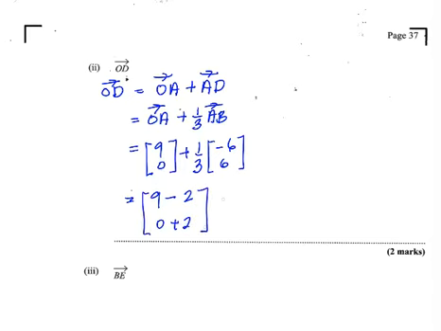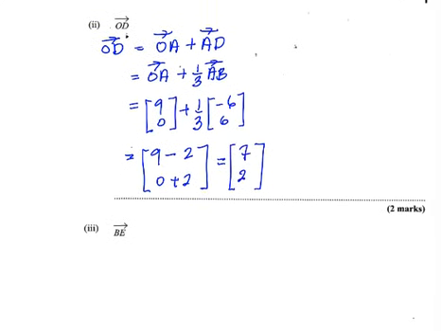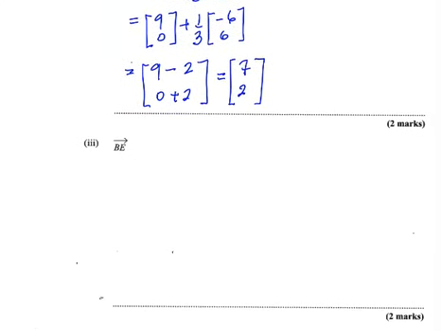So the vector OD is actually the vector (7, 2). OD is (7, 2).